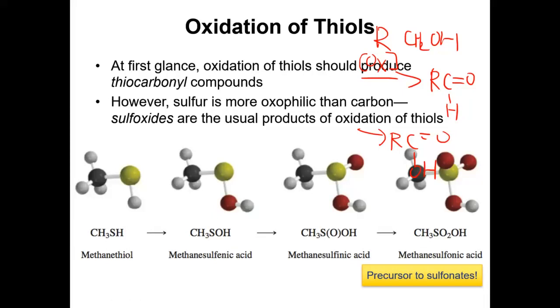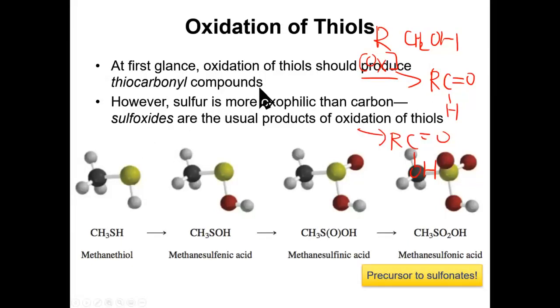But in the case of thiols, if you let them react with an oxidant, it's actually sulfur that is oxidized instead of carbon. Why? That's because sulfur is more oxyphilic than carbon.